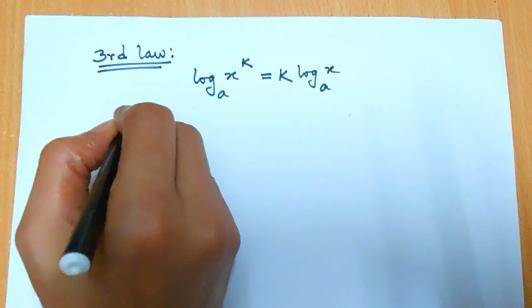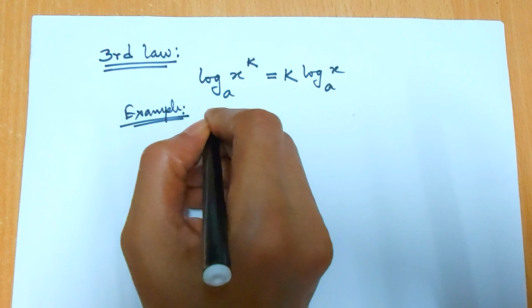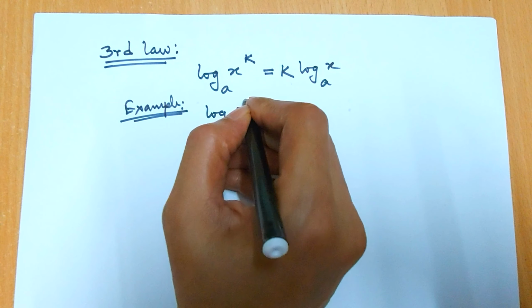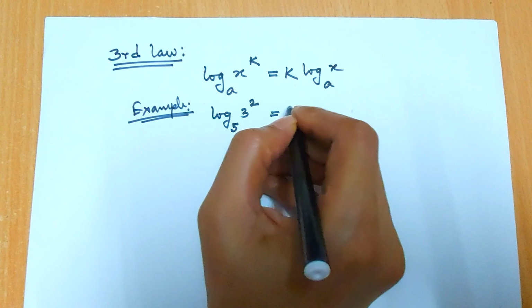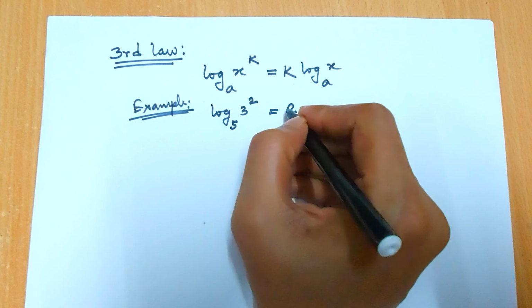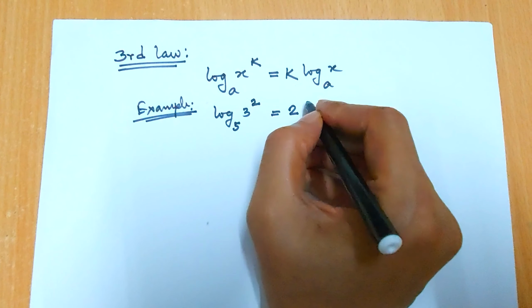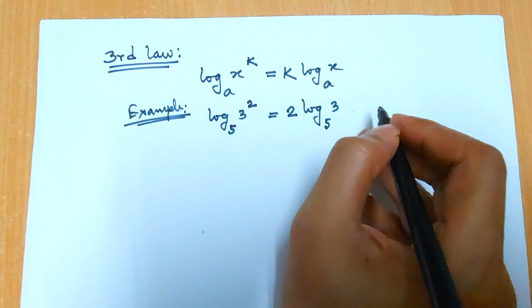An example for you. Say log of 3 square to the base 5 equal to 2 times, the 2 will be placed here, 2 times log 3 to the base 5.